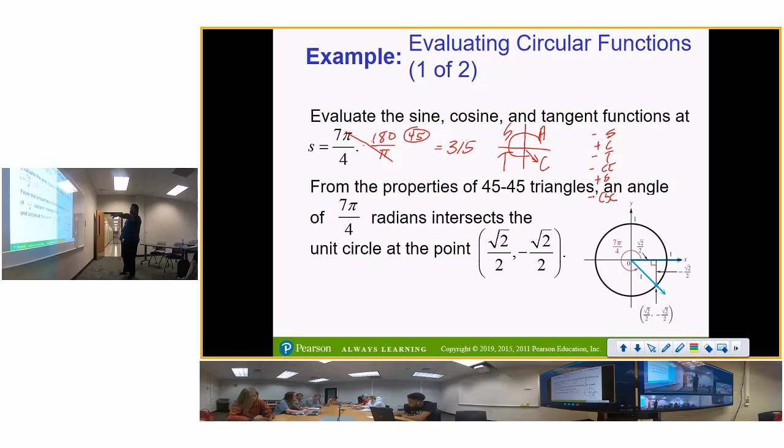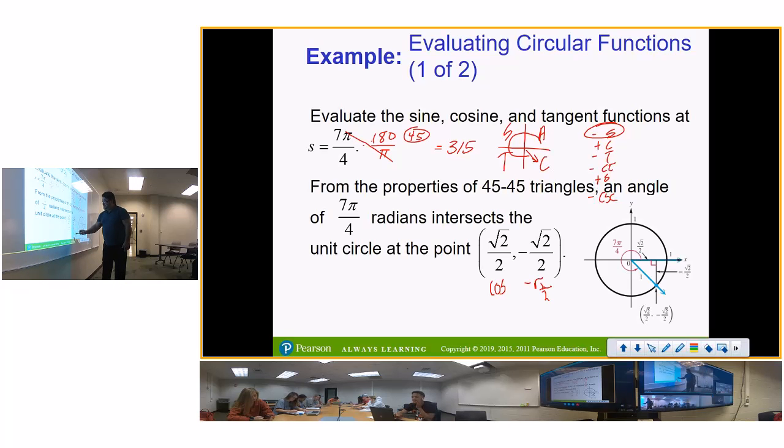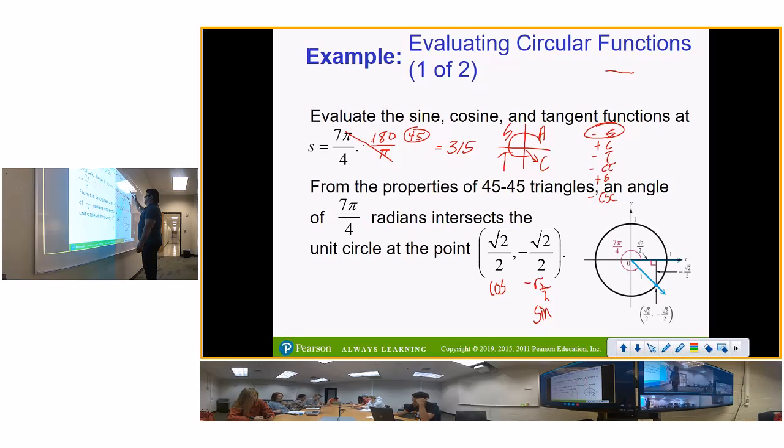The cosine is going to be positive. There's the cosine. And the sine is going to be negative. So negative square root of 2 over 2, that's your sine. And you're just filling out the unit circle. I showed y'all how to do that a while back, and all you do is do your special angles. You know that this special angle is going to look like this.